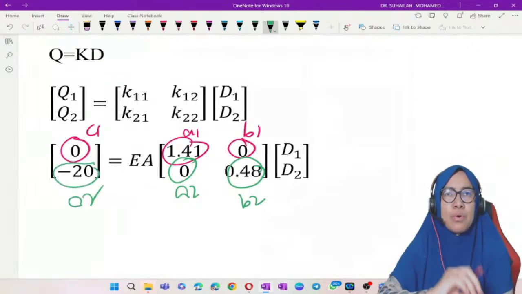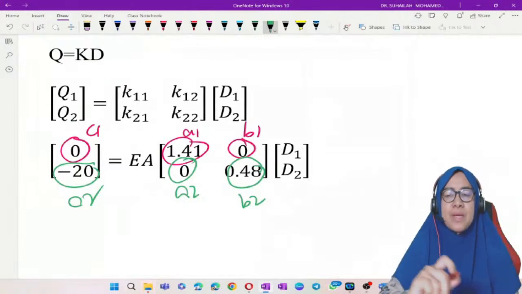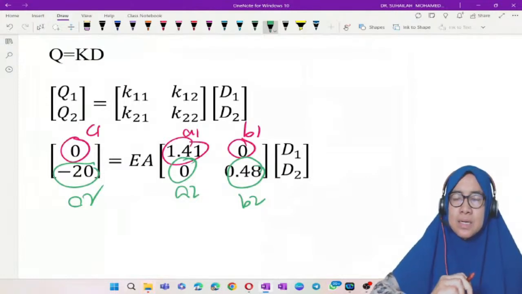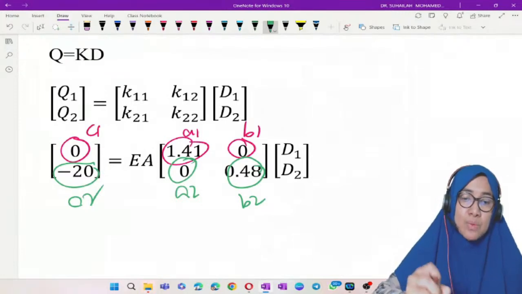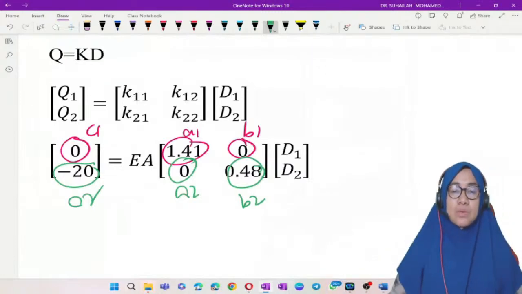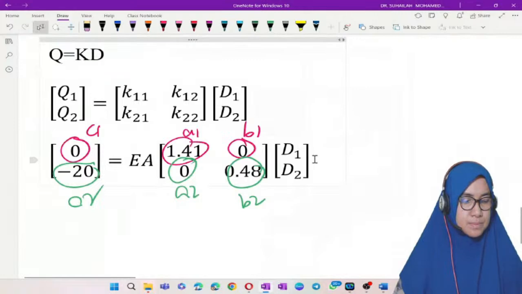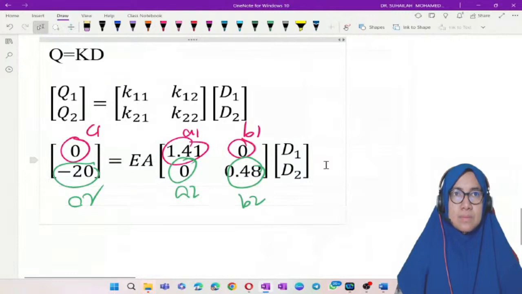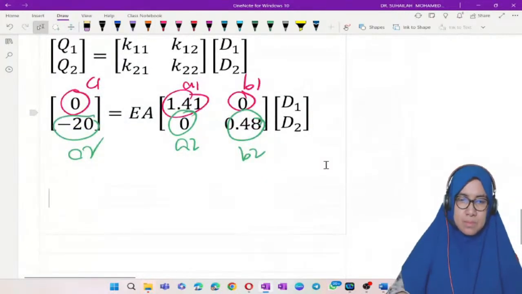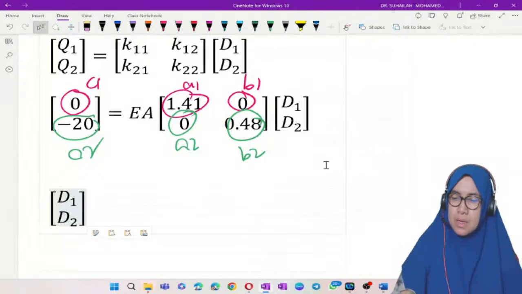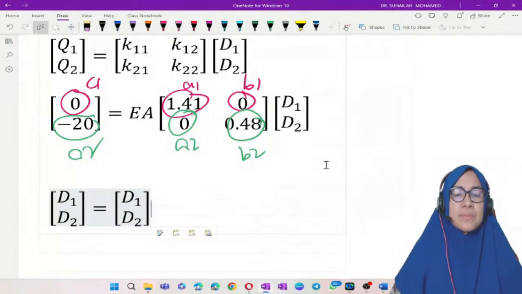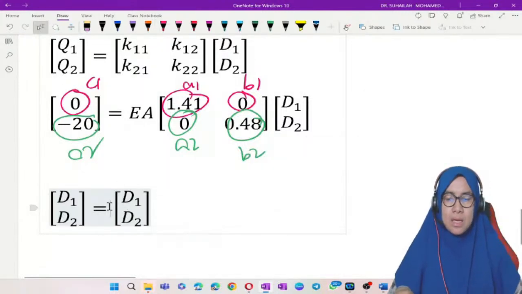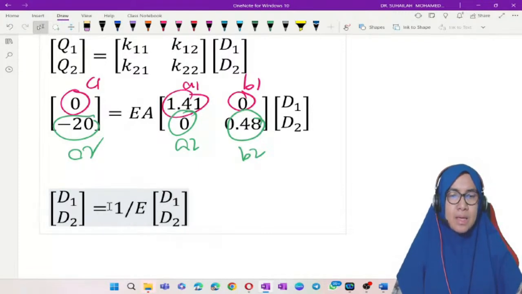Okay, so we put all this into the calculator, and then we will get the answer in terms of EA, because we don't substitute EA yet. So we get D1 and D2 in terms of 1 over EA.